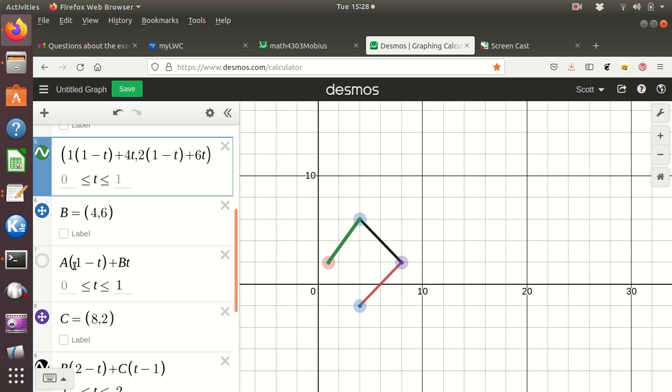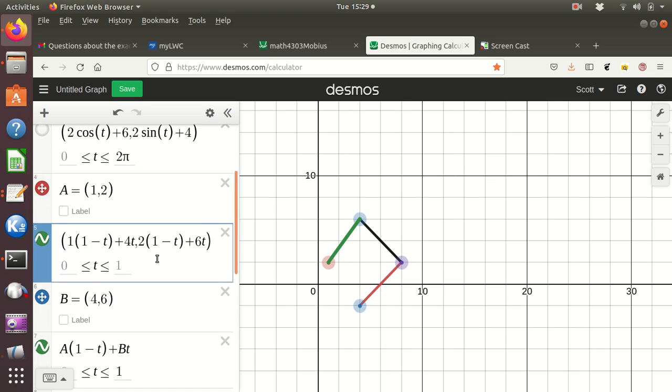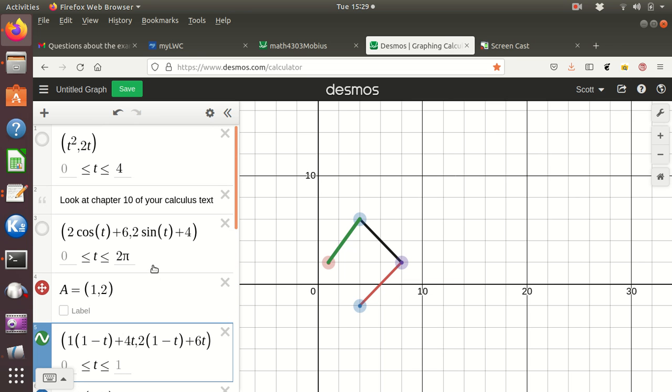So it's just a little cleaner if I name the points and do it this way. Okay, so hopefully that will help more with the parameterized paths. Certainly people can still ask me more questions.